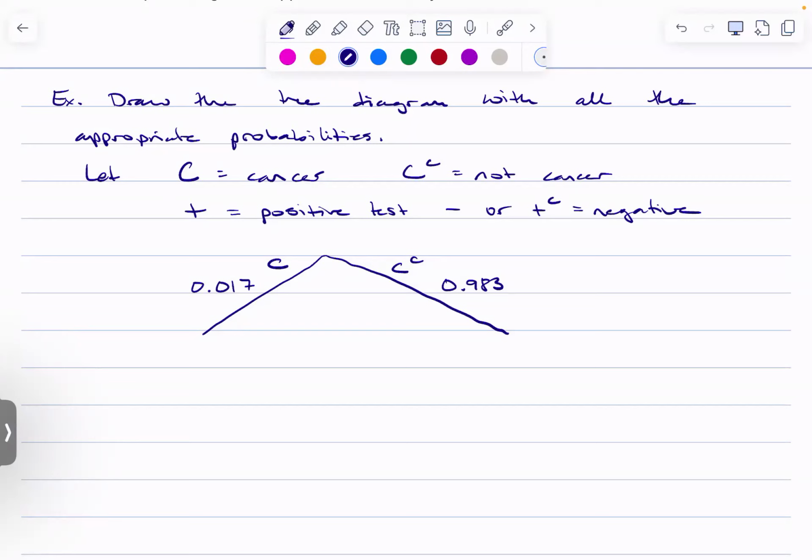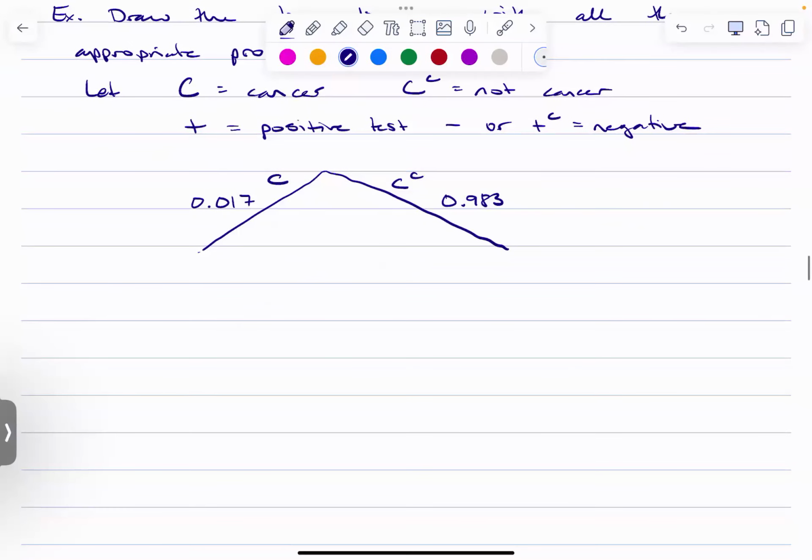What's the follow-up event? Now we do a test, right? We do a mammogram, and it either gives a positive result or a negative result, or you could use the complement if you want.